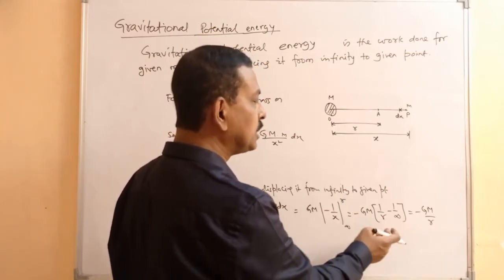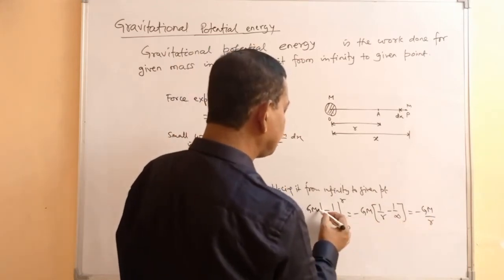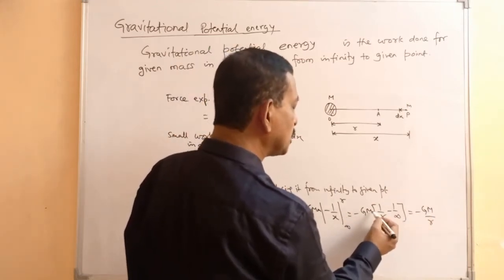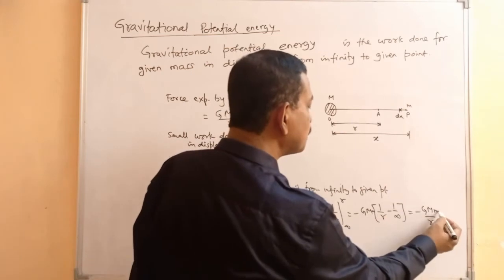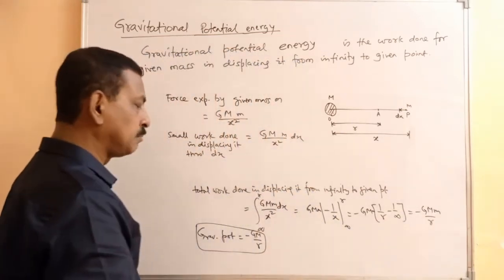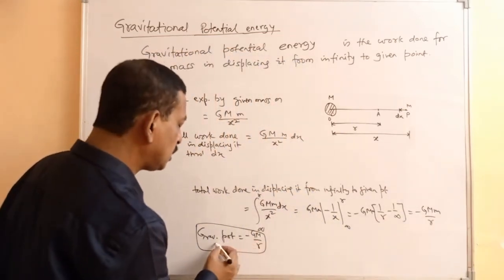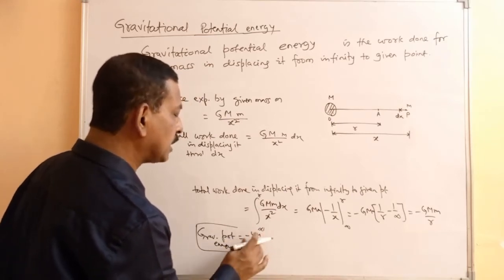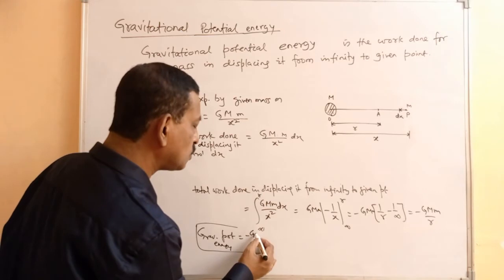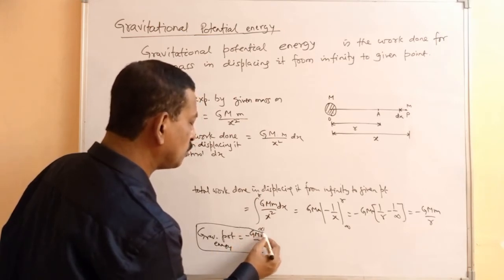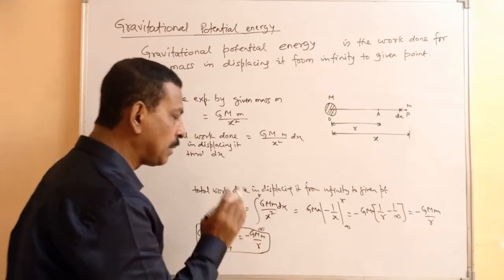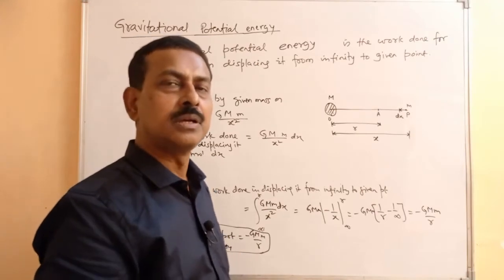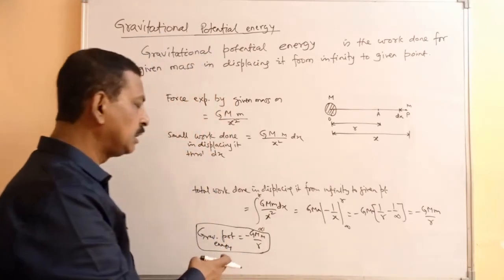Again we put the limits here, and then you get this expression with the term small m there. So for gravitational potential energy, this will have the term of the mass of the other body also. So it is minus GMm by r. This is the expression for gravitational potential energy.